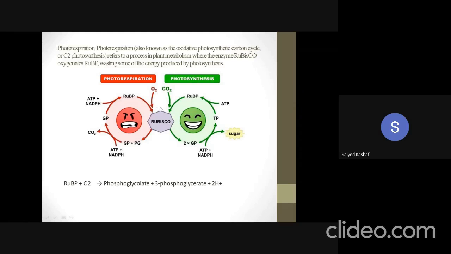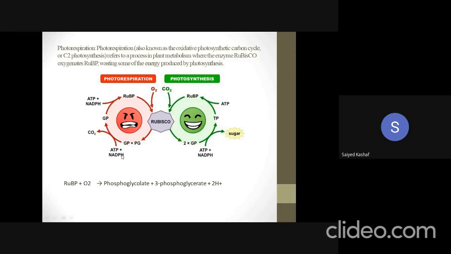So when the concentration of oxygen increases, rubisco shows affinity towards O2 and fixes the RuBP in the presence of O2, and the resultant product is phosphoglycolate, right? This phosphoglycolate and a small amount of 3-PGA plus 2H plus.